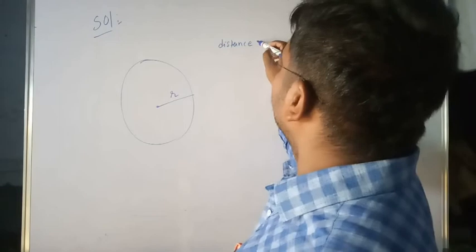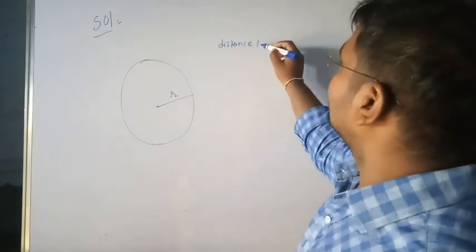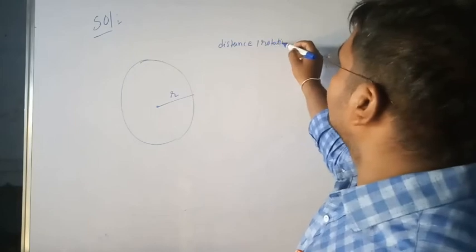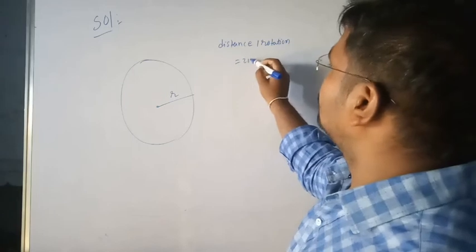In this case, the distance traveled by a particle in one rotation is equal to the circumference, means 2 pi r.